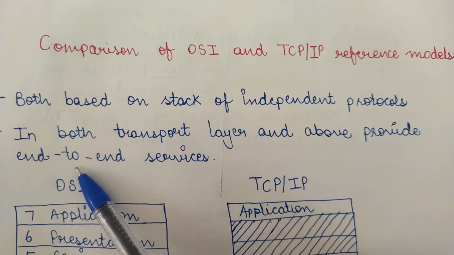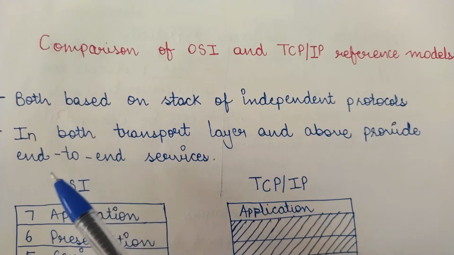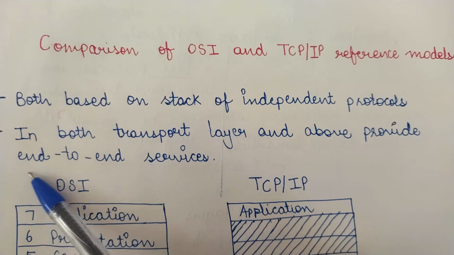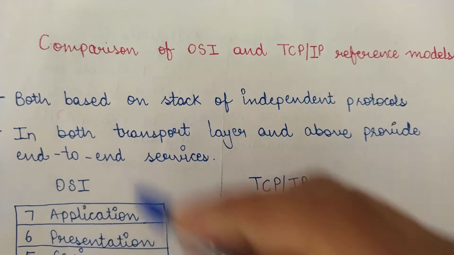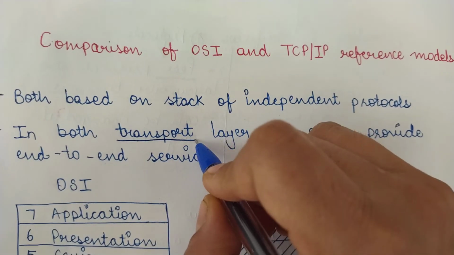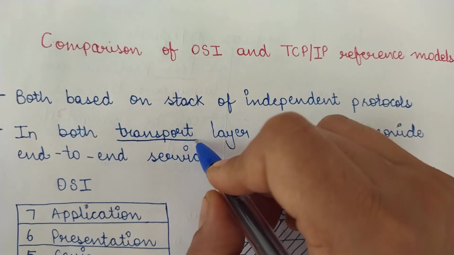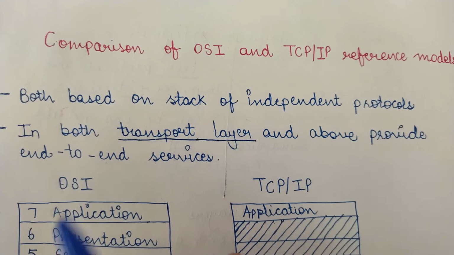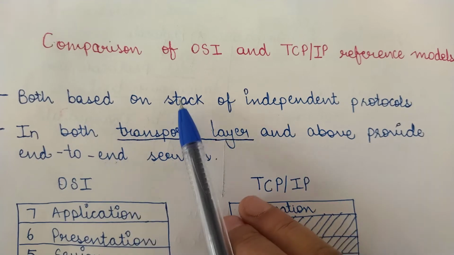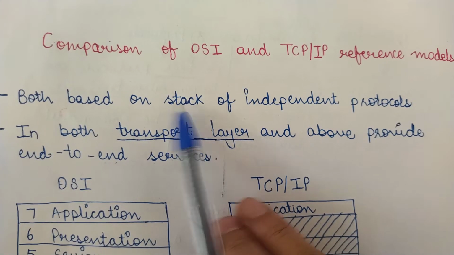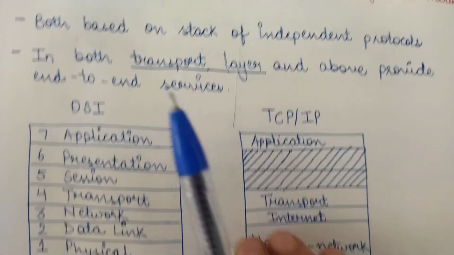The sender on one host and the receiver on another host can directly communicate with each other, and such kind of services are known as end-to-end services, and this is for the transport layer and above it. That means the transport layer and the layers above the transport layer provide such independent services in case of both OSI and TCP/IP reference model.